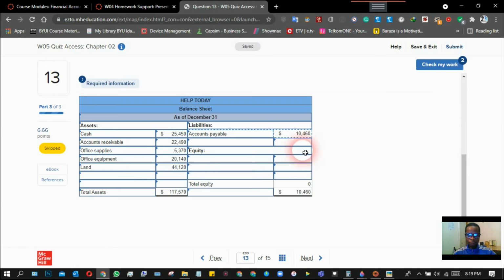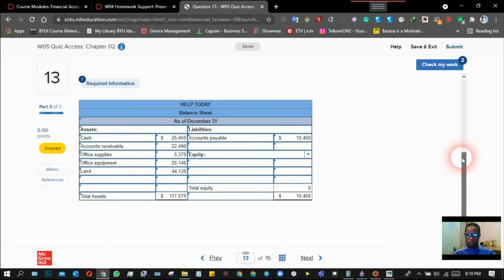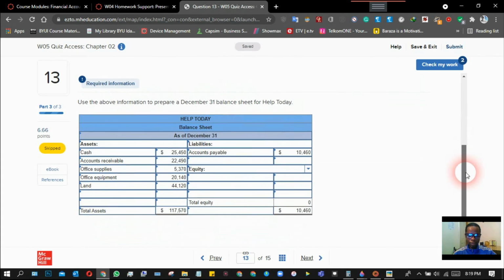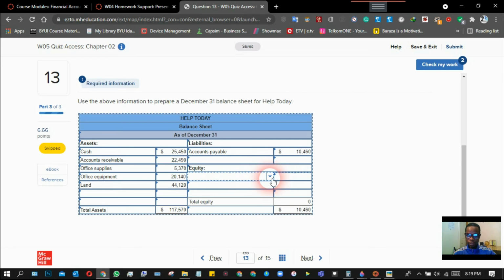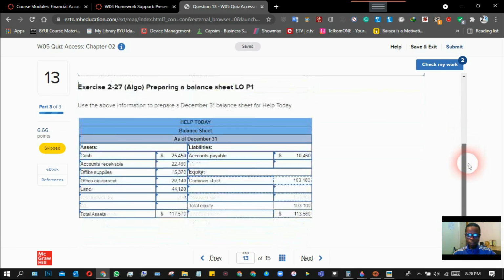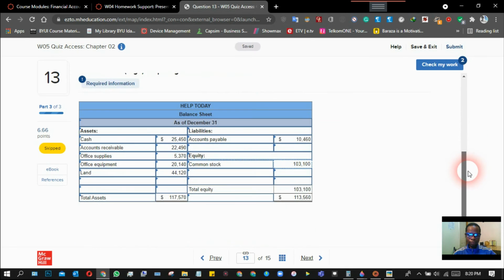Then we've got equity. So equity includes common stock, which is 103,100. And retained earnings. So remember, retained earnings, you get it from the statement of retained earnings.